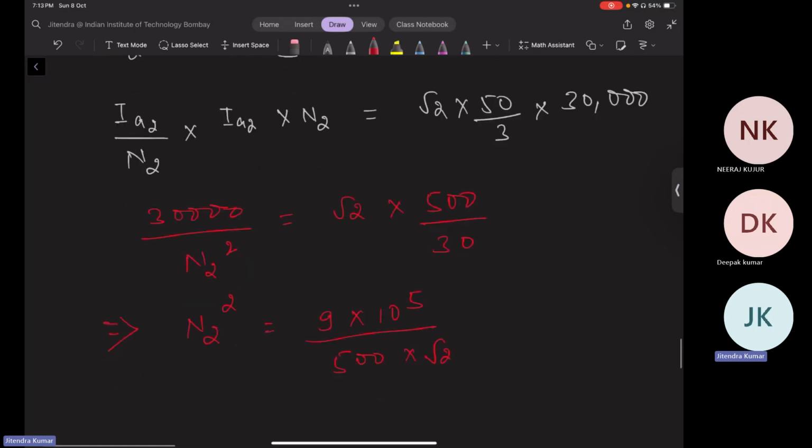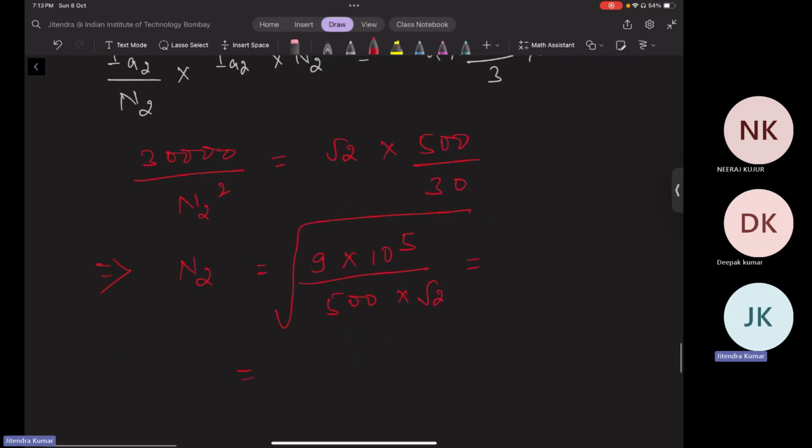If you take the root of it, it will give you N2. Let me calculate it. 35.67.